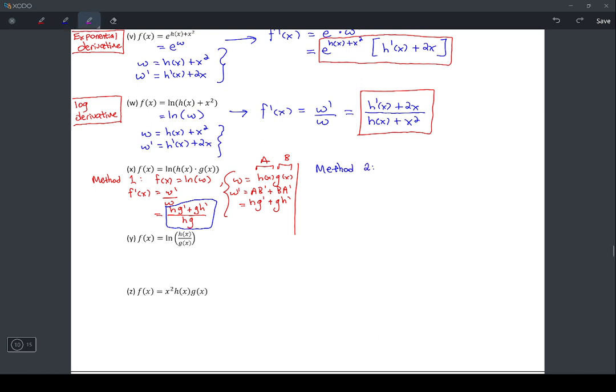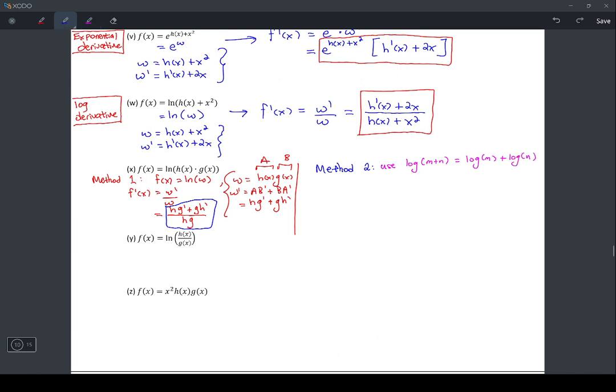Use a log property. Use log of m times n is log of m plus log of n.